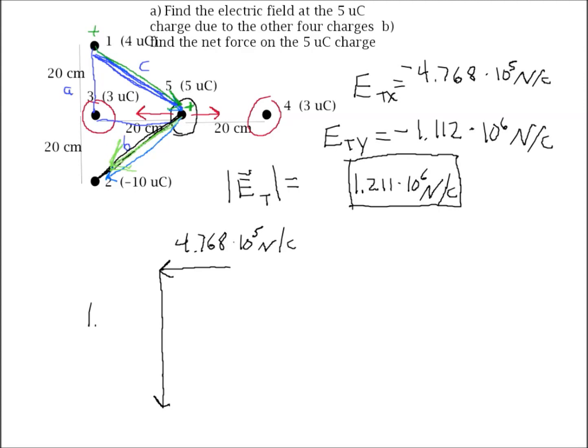Okay, this is 1.112 times 10 to the 6th newtons per coulomb down. So the net electric field, or the total electric field, is going to point down this way. And let's find the angle that that vector makes with the horizontal. The x component is adjacent to it, and the y component is opposite to it, so we can use inverse tangent.